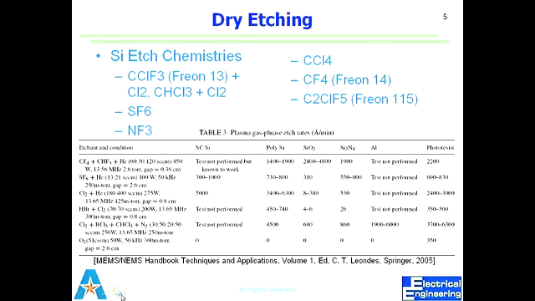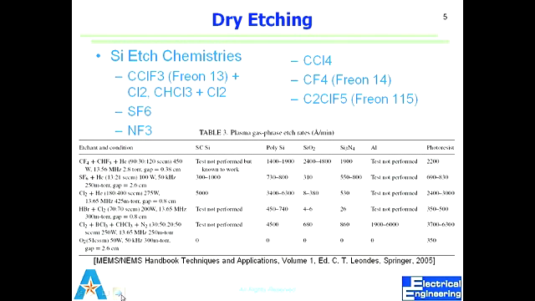For silicon, we have many different etch chemistries that we use, composed of a number of chemicals. Why would one prefer one recipe over the other? Depending on what we are using as a mask and how fast we want to etch, and what kind of gases we have available.